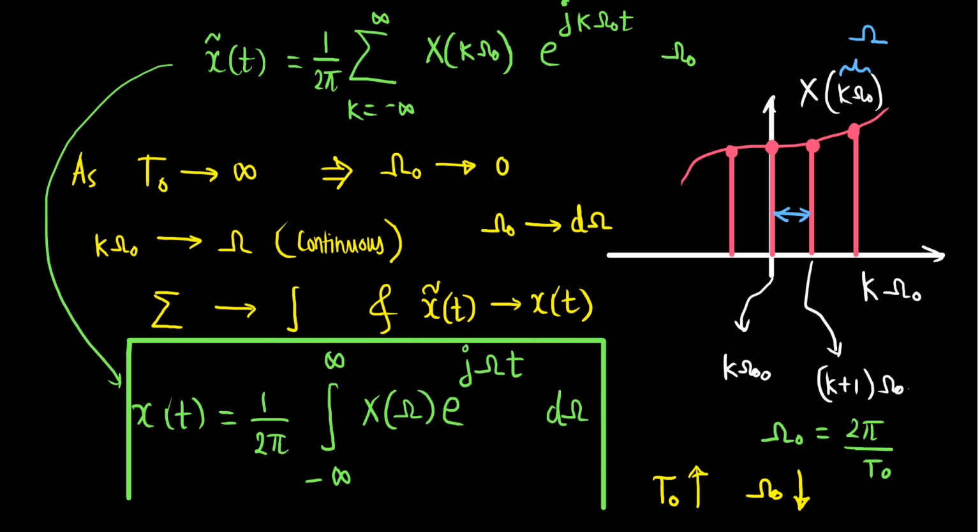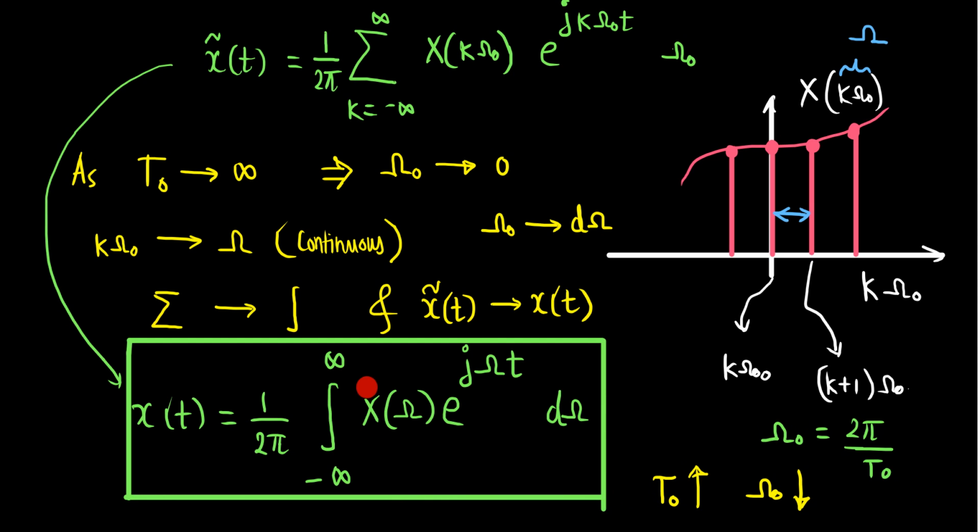So this x of t, as we have seen, is a periodic signal, and we have obtained this expression by imposing the condition of t naught tending to infinite for the periodic signals.